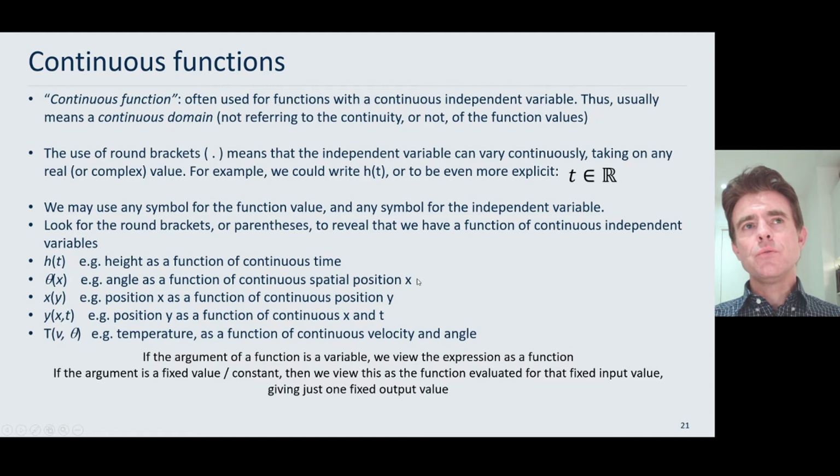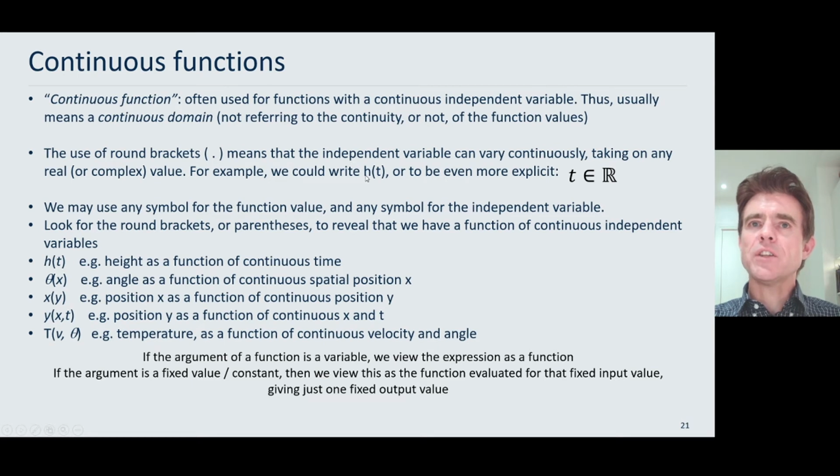Here I want to point out what I mean by a continuous function. We say a continuous function, but often what we really mean there is that the independent variable is a continuous variable. In other words, it's got a continuous domain. To be explicit, we'll be using these rounded brackets for functions. What that means is whatever the independent variable is inside those rounded brackets will be an independent variable that can vary continuously.